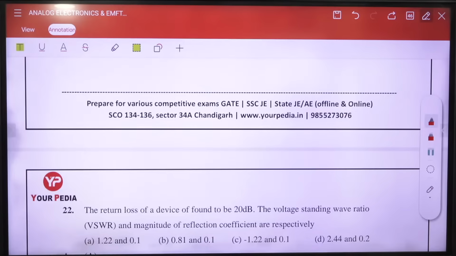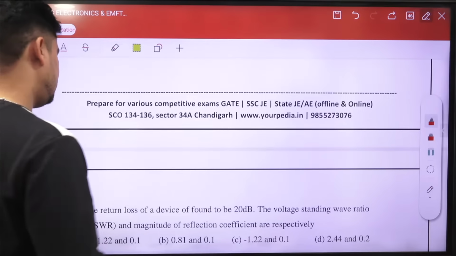The return loss of a device is given to you. What are the voltage standing wave ratio and the magnitude of the reflection coefficient? Do it. So return loss is how much?